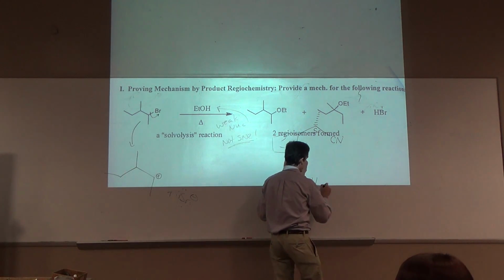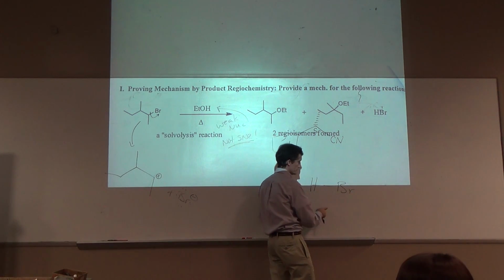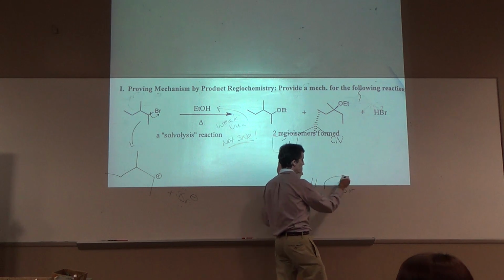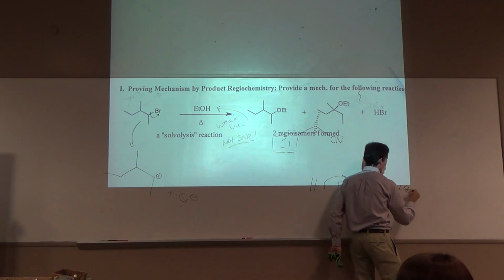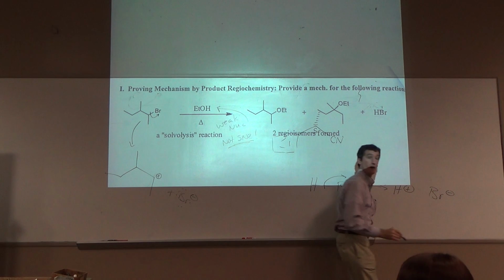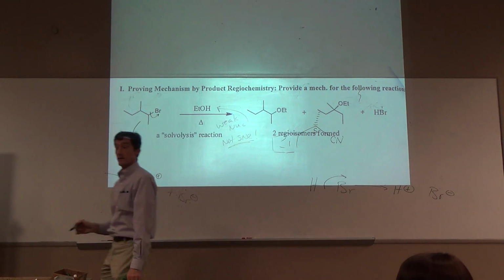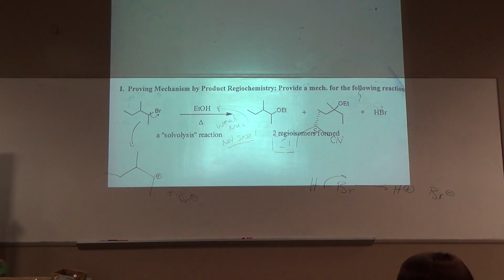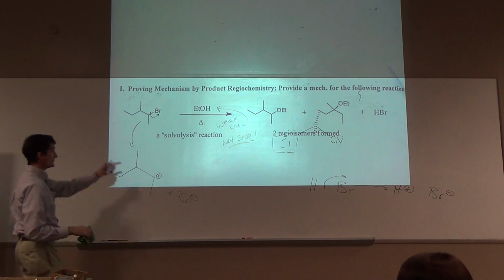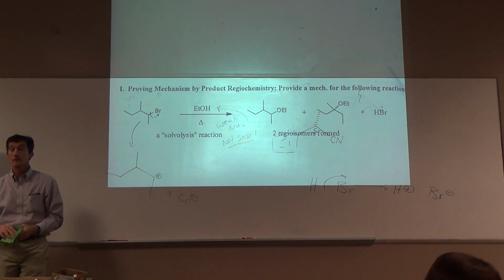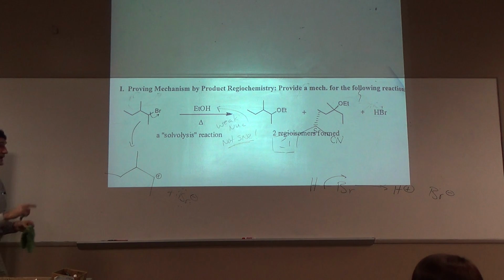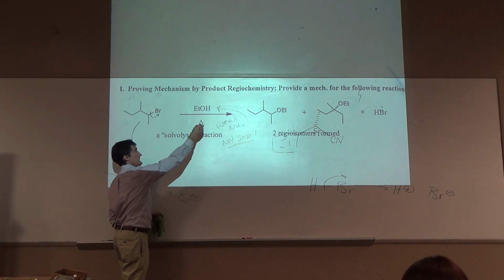What happens with HBr if you put it in water? The bromine will leave and you will get H plus and Br minus. You learned that in Gen Chem, right? The HBr will ionize. It'll leave the H. Bromine can also leave the carbon. Not quite as easy, but we're also heating it.